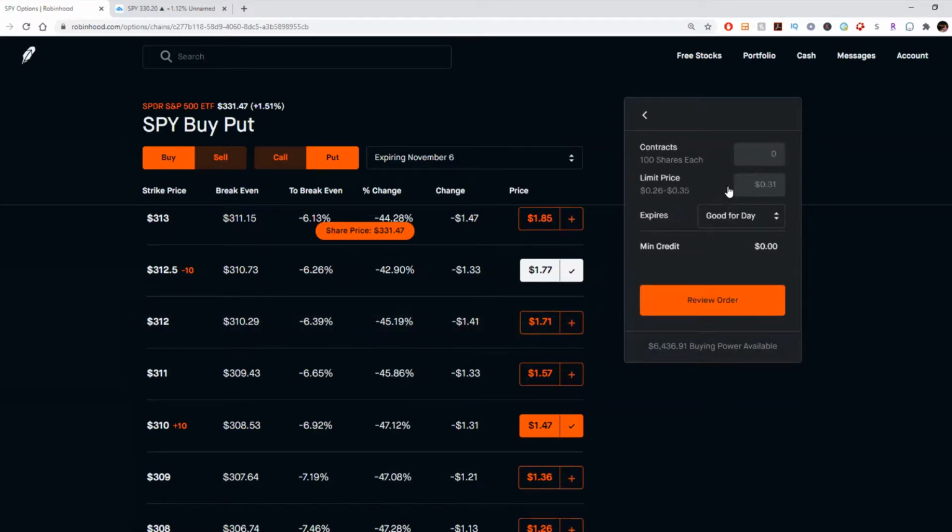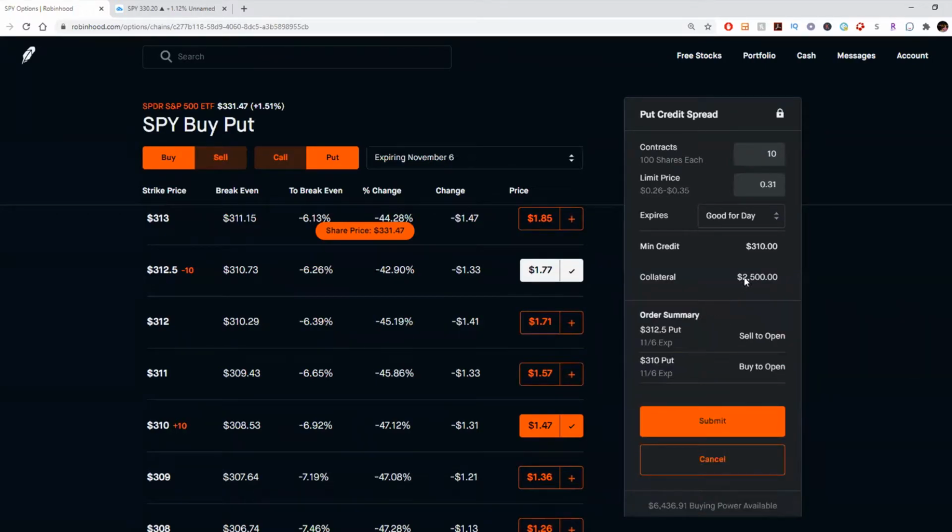You hit continue. Let's say you want 10 of them like I did. That'll give you a credit of $310. You would hit review order, and you will see here that there's actually a collateral of $2,500. The reason it says that is because the maximum loss you could see on this is if SPY falls all the way below $310, and then the value of the spread would be worth $250, because that's the difference between these strike prices, okay?